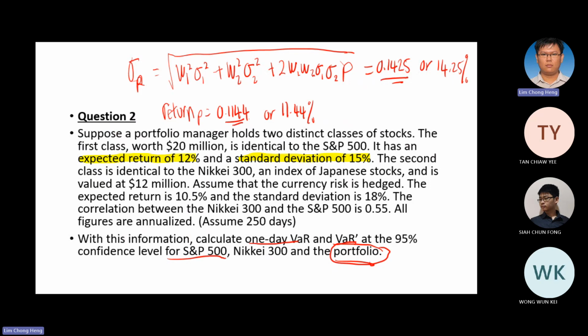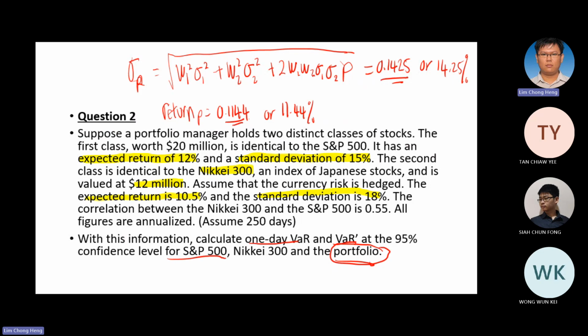So from here, they already show you it is annual. Second, the Japanese stock also has an expected return of 10.5% and a standard deviation of 18%.